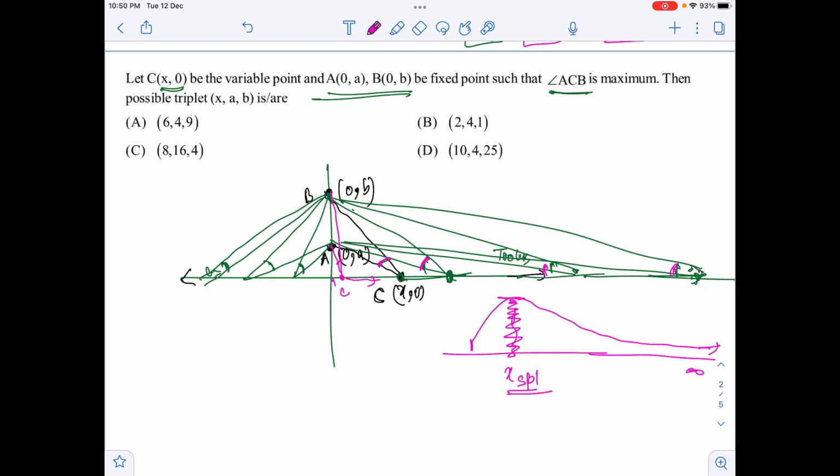So for some location of x we'll get the maximum theta. So if we roughly plot the graph of x versus theta, that makes sense.